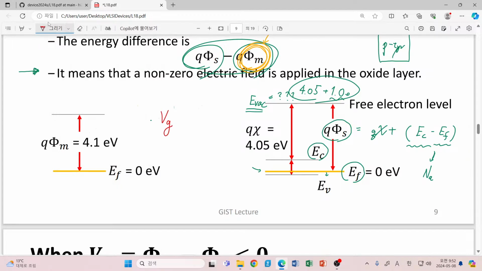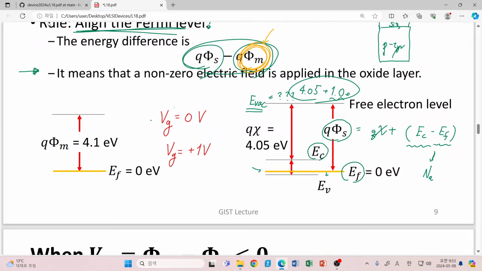Instead of the case of gate voltage equal to 0.0 volt, please try to draw a case like gate voltage equal to positive 1 volt. Please try to draw your own diagram in this case. What will happen to your gate when you apply positive voltage?